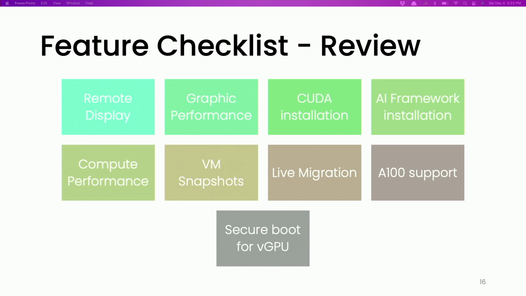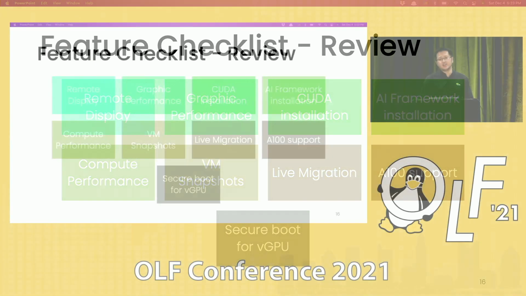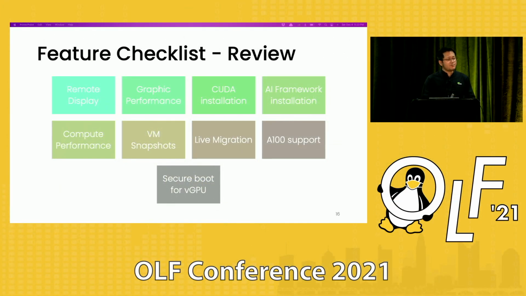And the last part is the A100, the latest NVIDIA GPU architecture, the Ampere architecture. The biggest improvement is in 2 parts for this GPU. One is that it uses the same mechanism as the AMD GPU we talked about earlier, a hardware mechanism called SR-IOV.